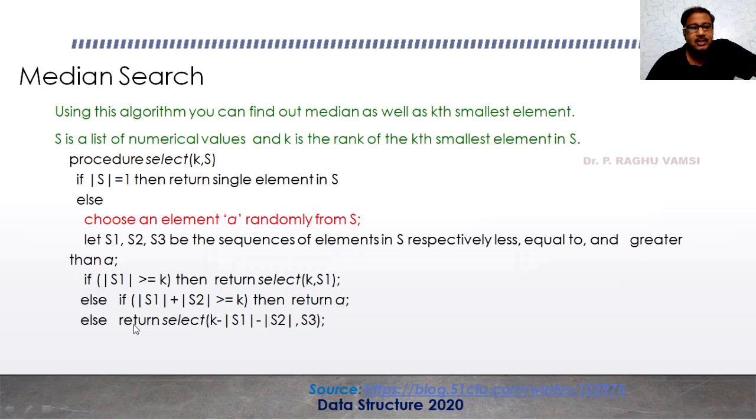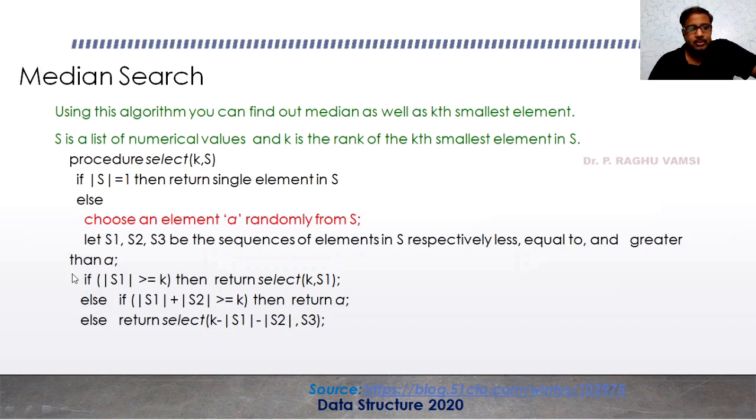Else, return select of K minus length of S1 minus length of S2, that value placed here, comma, and you are supposed to apply this select procedure recursively on S3. So this is the way you perform the median search to identify the kth smallest element or kth median in the list of unsorted elements.